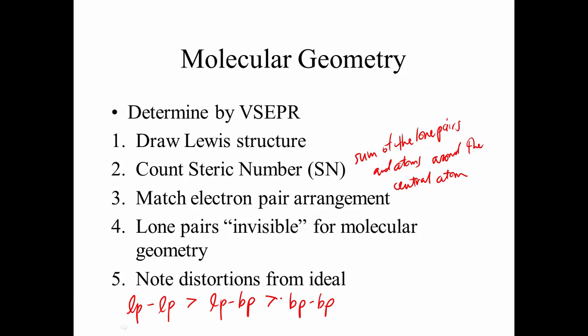And the idea here is that the electron pairs or electron groups, the sterics, are all negatively charged, and so they want to spread out away from each other as much as possible within the three-dimensional constraints around the central atom.